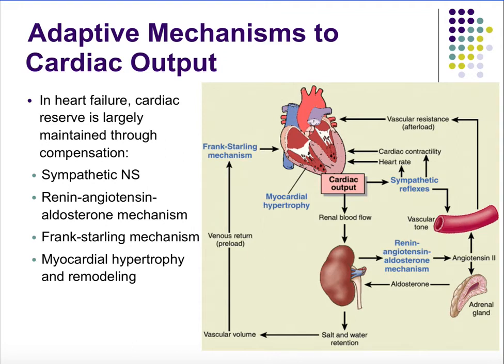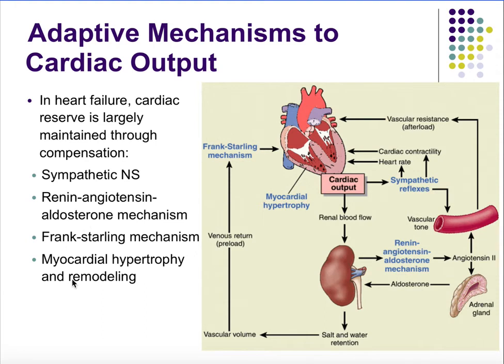And they actually stretch to a more optimal sarcomere length to produce greater force. And so when we actually have more blood returning back to the heart, our heart muscles will automatically contract with more force just because of what we are doing to our sarcomeres. We are stretching them. And so this will increase our cardiac output because that will increase the contractility of the heart, how forcefully our heart contracts.